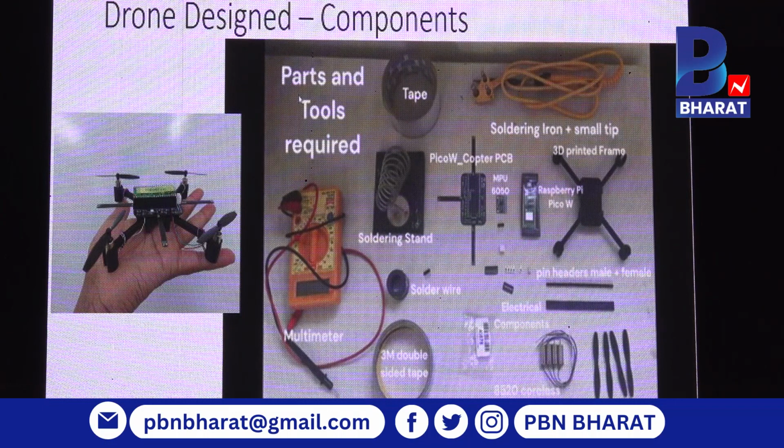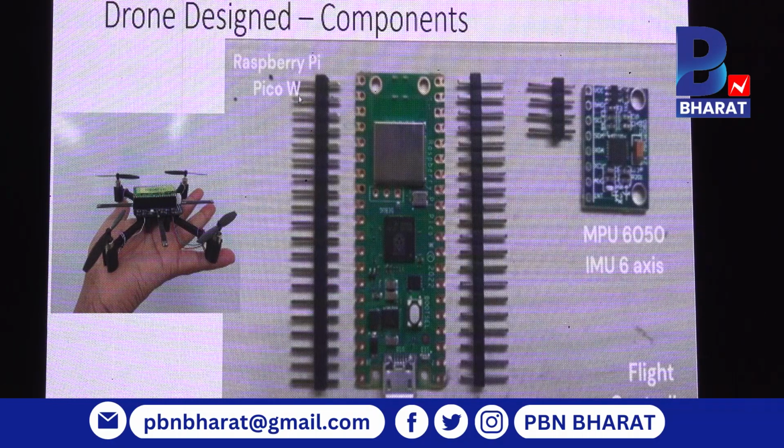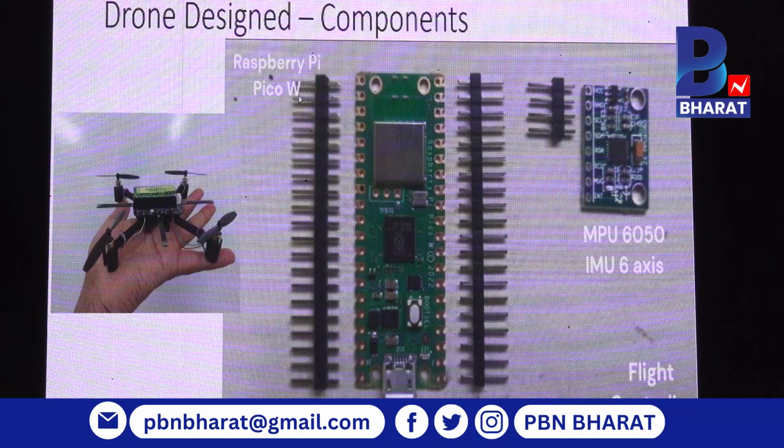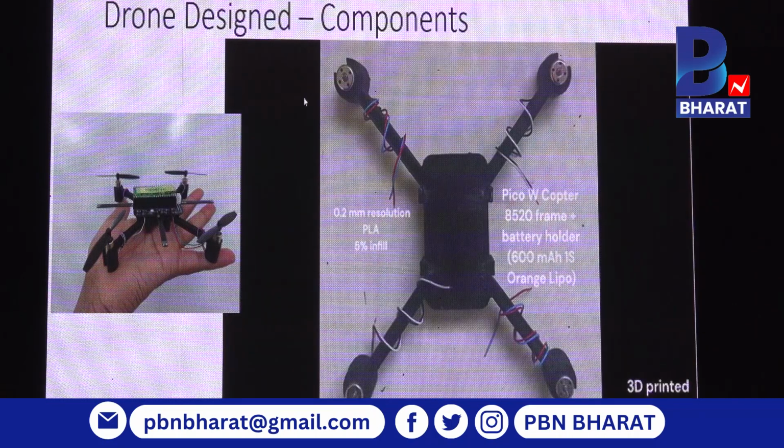These are the components required to design one drone. It's roughly 2,000 rupees to design one drone, including the camera. It can be live projected to your mobile or laptop, and you can use AI tools and Python algorithms to process it. On the fly, you can control your drone without disturbing it.